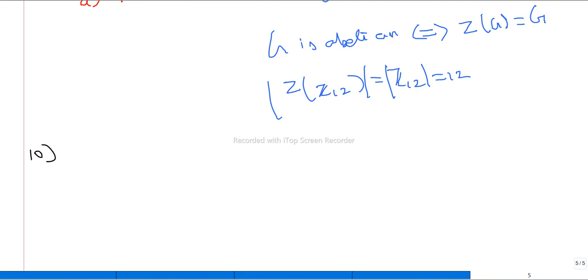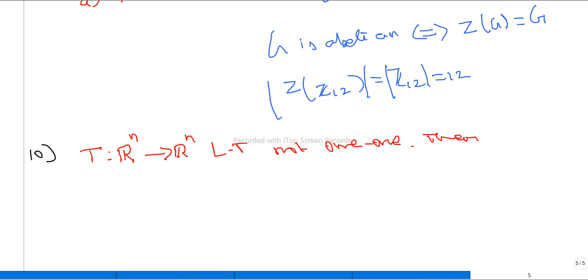So what the problem is, suppose T is a linear transformation from Rn to Rn. It is given that T is a linear transformation from Rn to Rn, and it is also given that T is not a 1-1 function. Then which of the following is true? The first option, rank of T should be strictly greater than 0.